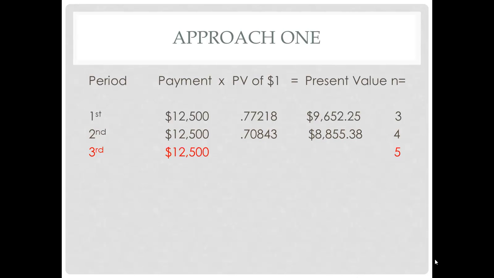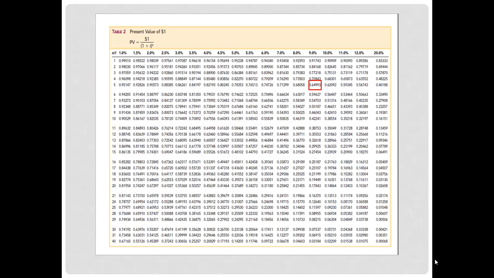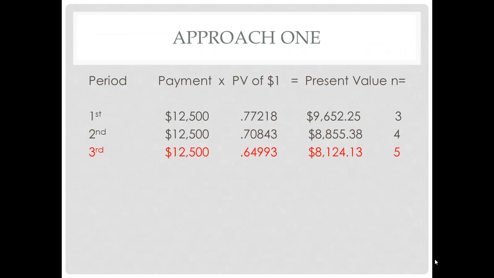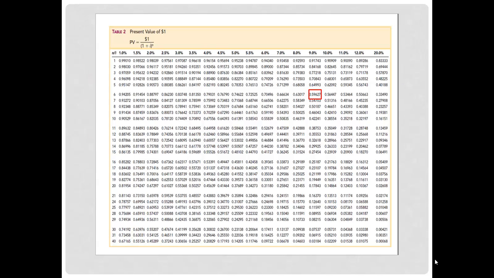We'll do the same thing with the third period. N equals 5, 9%, by looking at the table, it will give us 0.64993, and multiplying that by 12,500 will give us $8,124.13.